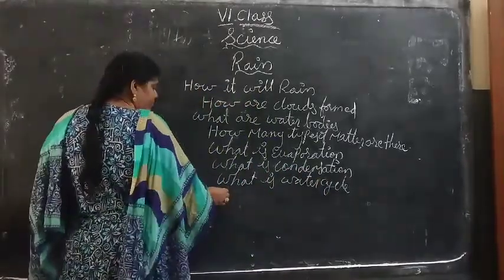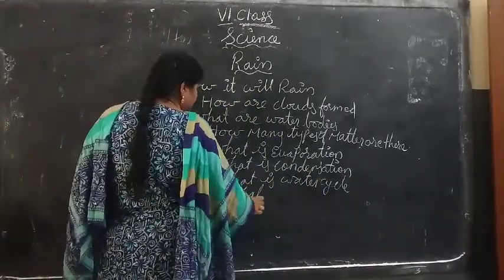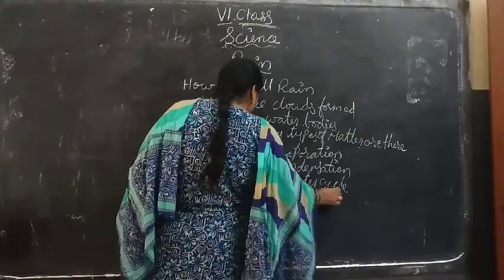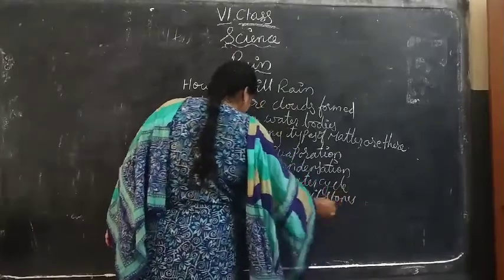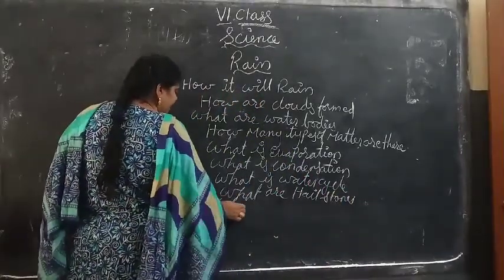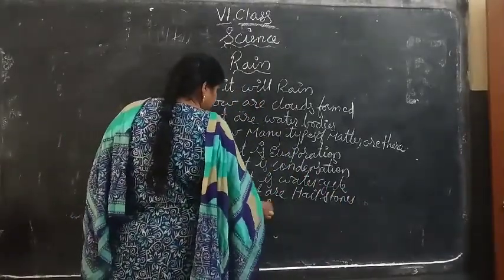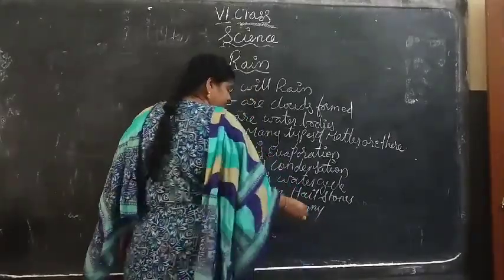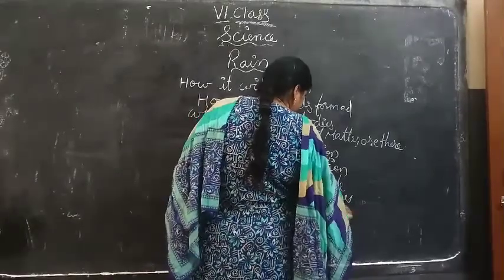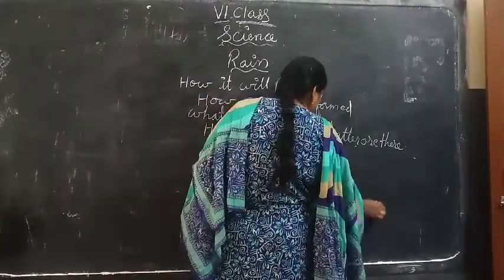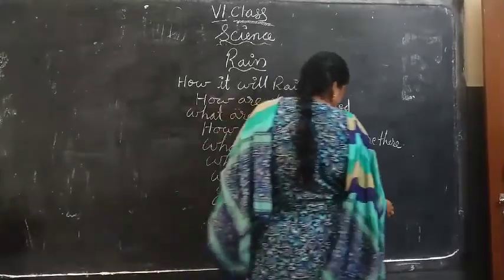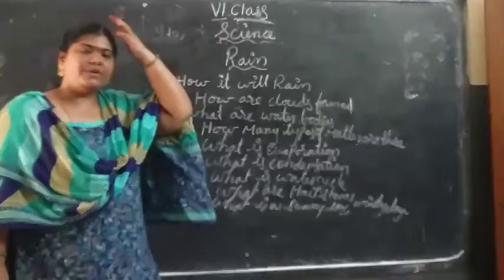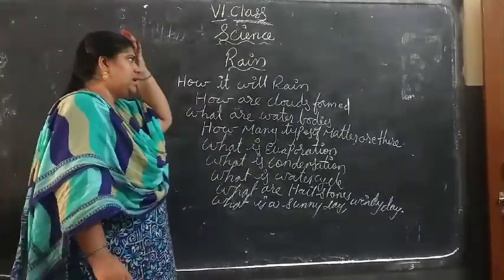Then, what are hailstones? Next, what is a sunny day and a rainy day? Or sunny day, windy day. So all these topics we will cover in this rain lesson.